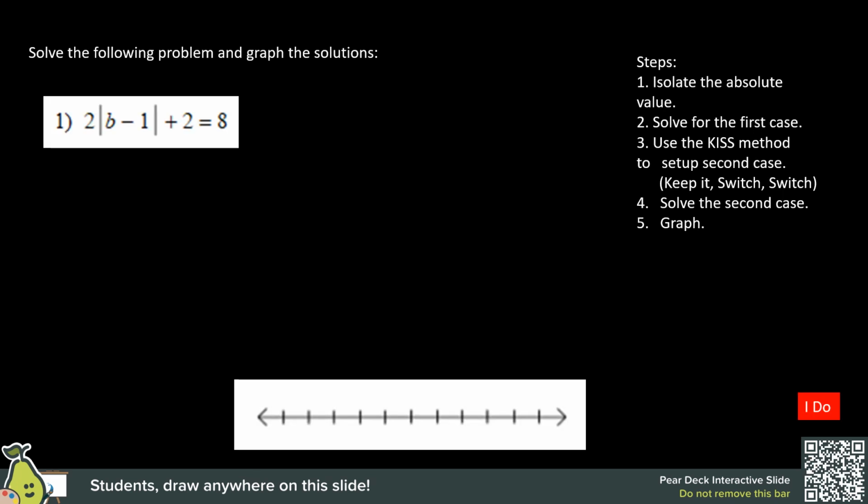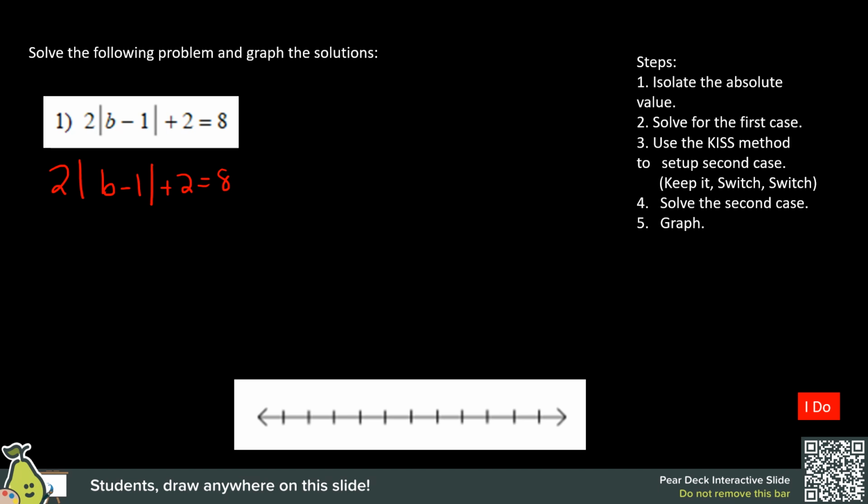I want to be sure that we are able to solve these types of questions here. And so when we do this, we want to make sure that we follow the first step, which is to isolate the absolute value. So we have 2 absolute value of b minus 1 plus 2 equals 8. I want to isolate this first.